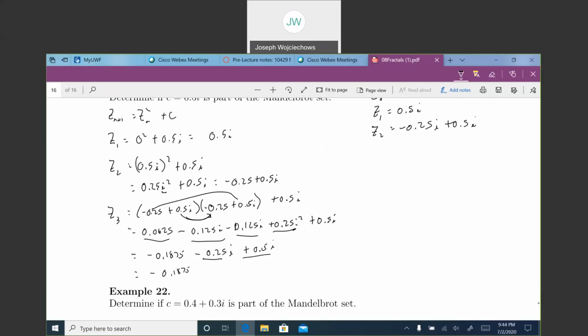This plus that is minus 0.25i plus 0.5i, which is 0.25i. So this equals negative 0.1875 plus 0.25i.